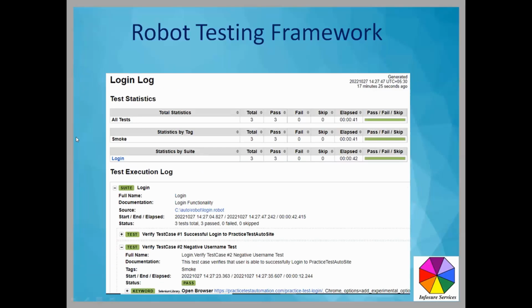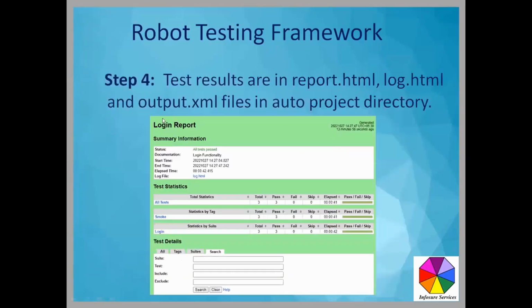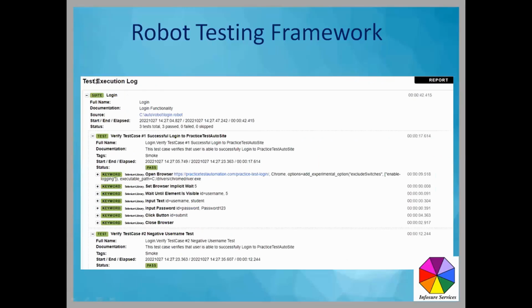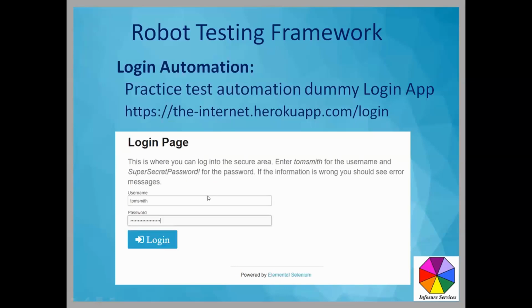There are 2 reports here, one at the top level as a login report, and then you click on this log and it will show the details. All tests, smoke test, passed or failed. This is the test execution log inside. All this is pretty neat.